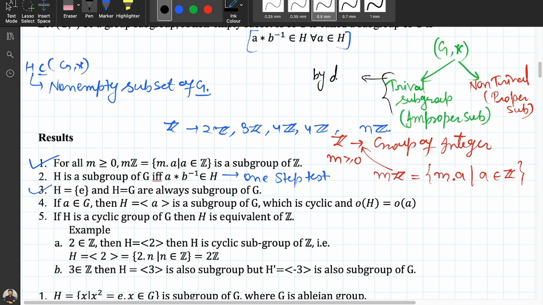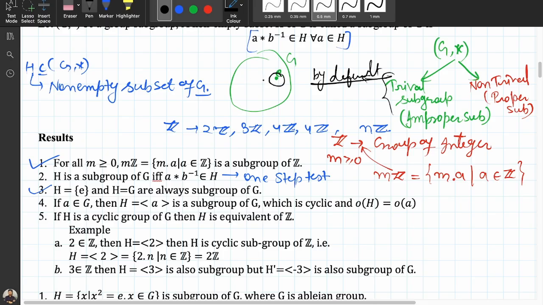So what is the meaning of by default? I want to explain it to you. If you have any group, let's say it is your G, it should contain the identity. Let's say this is the identity, and I'm taking the subset of this group which contains only the identity.